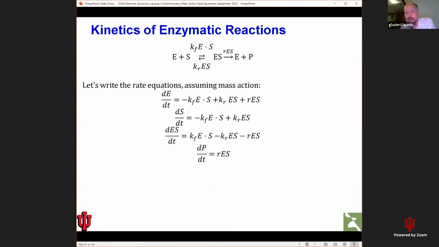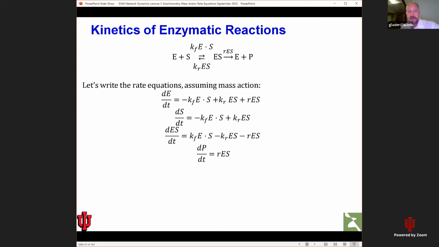So let's look at this enzymatic reaction, which I think was another homework problem. So E plus S goes to ES. We have to, again, use those dots to make sure that we can distinguish between E times S and the concentration of E complex ES.